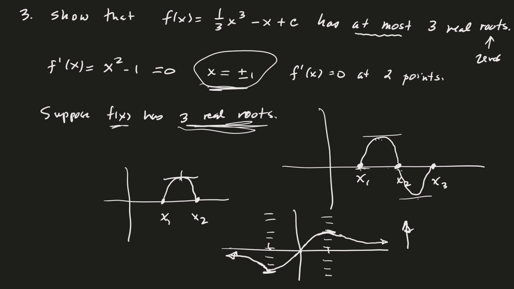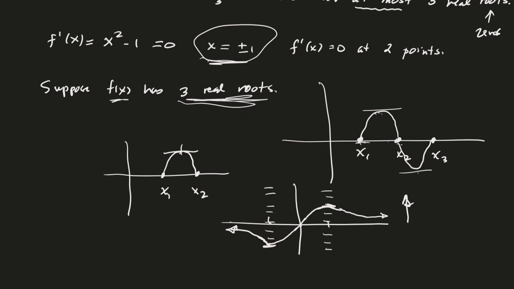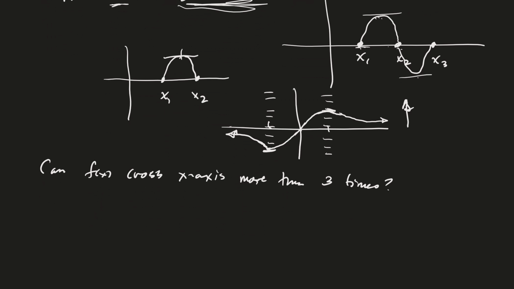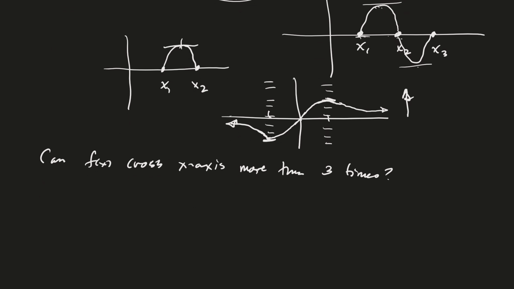Good. Now, the last question is, can you have more than 3? Can f of x cross the x-axis more than 3 times? For example, 4 times. It cannot, right? By the same argument, 1, 2, 3, 4. If it crosses at 4 points, what has to be true?